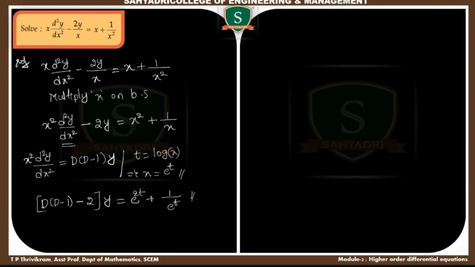So multiply it inside. What happens? d square minus d minus 2 into y is equal to e power 2t plus 1 by e power t can be written as e power minus t.